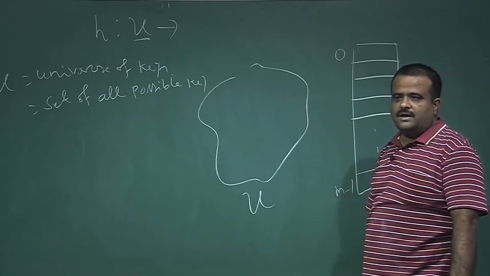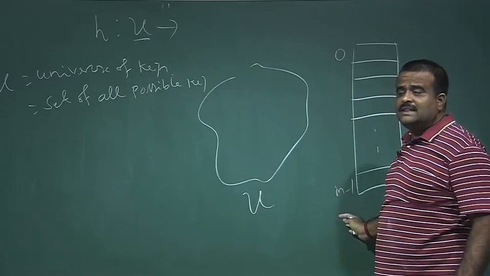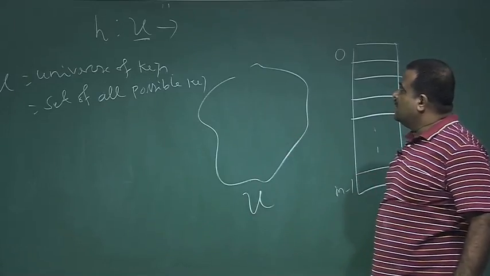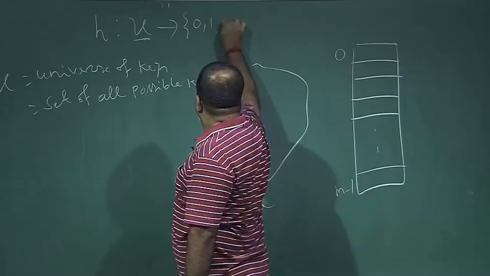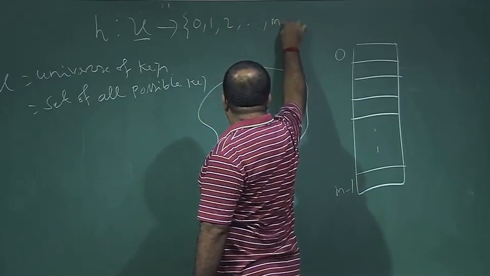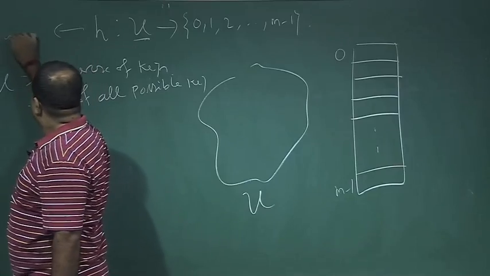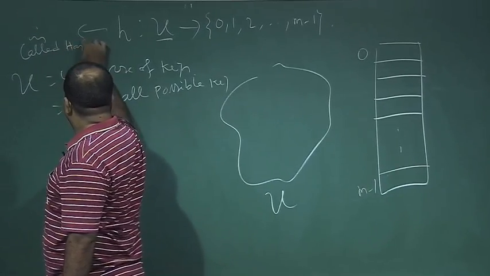It is an m-size array, 0 to m minus 1, as in C language. Then any function h from the set of keys to this table is called a hash function.